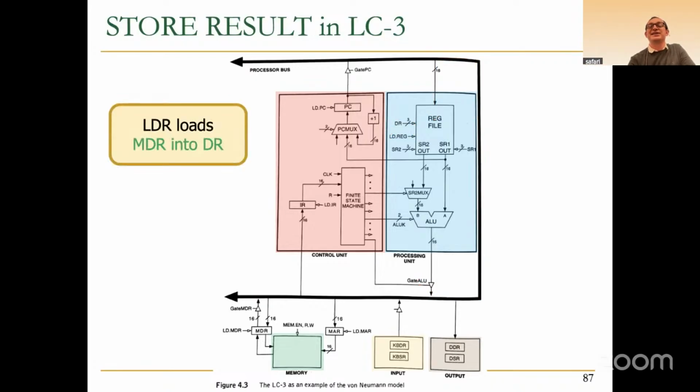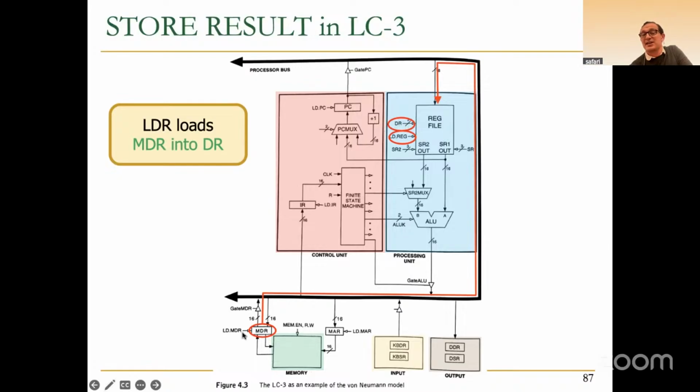If you do LDR, you load the data that was placed into the MDR, the memory data register, and set the control signals such that you gate the memory data register tri-state buffer, and the memory data register gets on this processor bus. You set the destination register load signal accordingly, such that you write enable the register file, and the destination register comes from the instruction register bits over here.